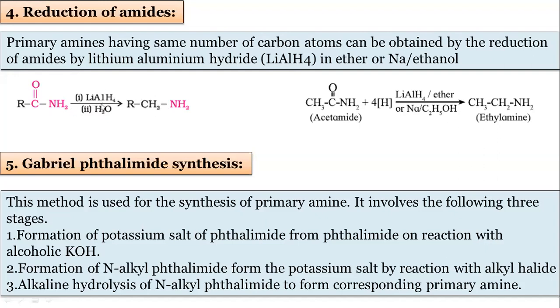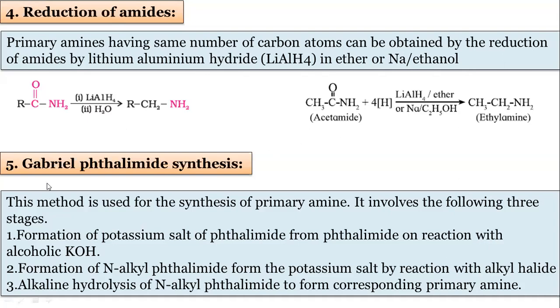If this is not available, we can use Clemmensen reduction, zinc amalgam and HCl, or Wolff-Kishner, where hydrazine is used. I'm not explaining in detail. You must know how CO is converted into CH2, and the main purpose of this reaction is that the same number of carbon atoms as in the reactants are present in the products.